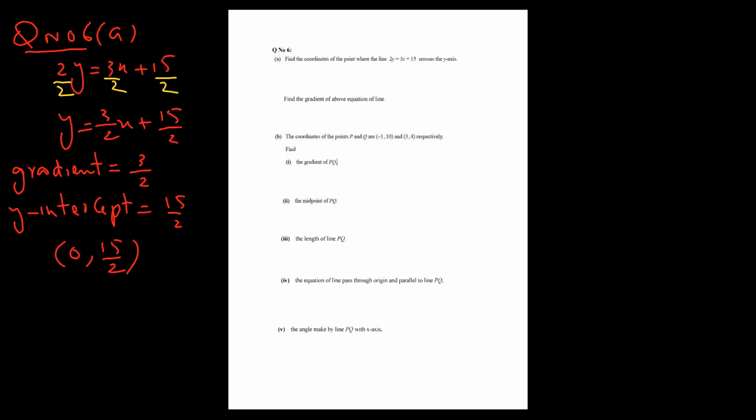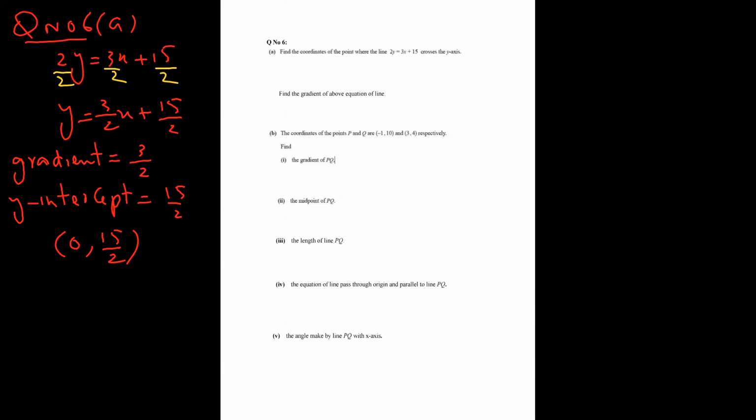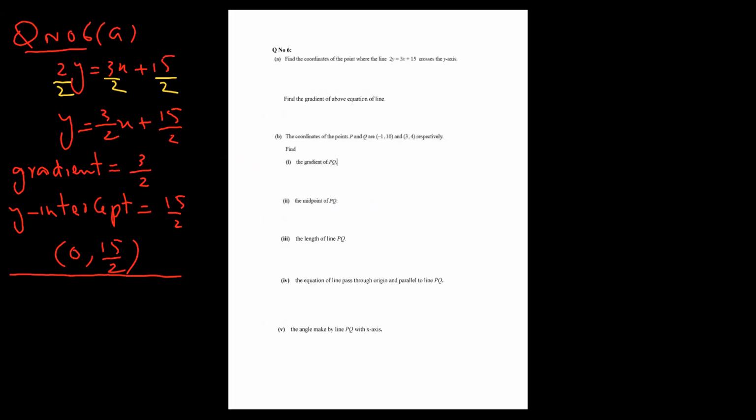B part is lengthy. First of all, he is asking us the gradient. So B part I is the gradient of PQ. Easy job: y2 minus y1 over x2 minus x1.